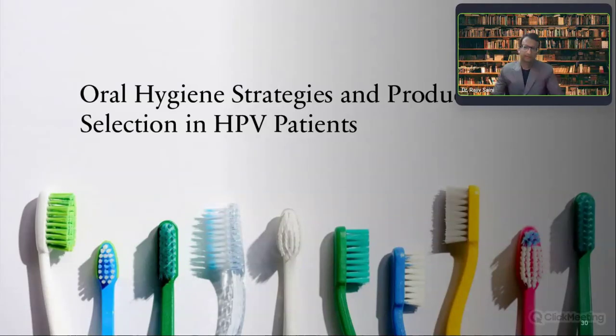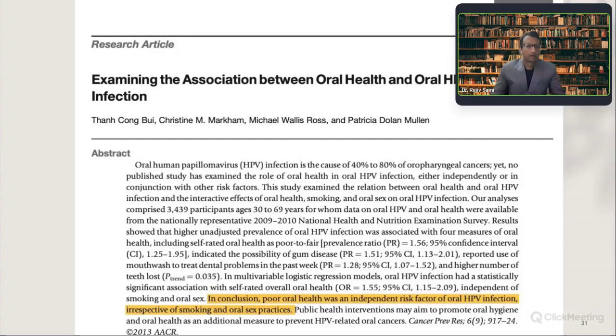Now, let's understand another aspect that we as dental professionals have to take care of: the oral hygiene strategies and product selections when we talk about HPV patients. There are a lot of research papers that have mentioned that poor oral health was an independent risk factor for oral HPV infection, irrespective of smoking and oral sexual practices.